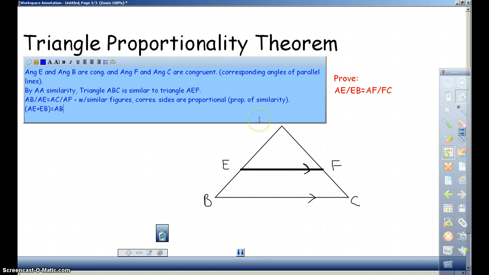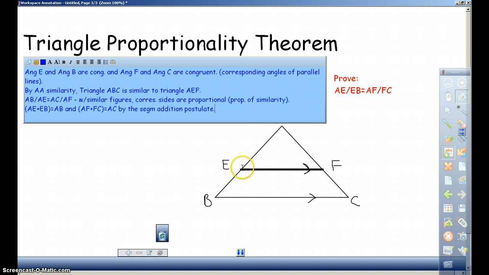And we say the same to the other side, right? So that's AF plus FC equals AC. And I put my parentheses in here, try to be a little consistent here. And that is by the segment addition postulate.